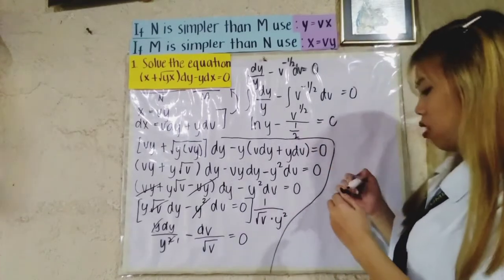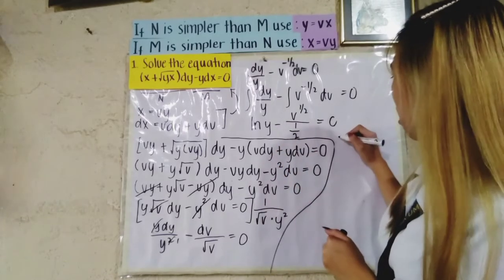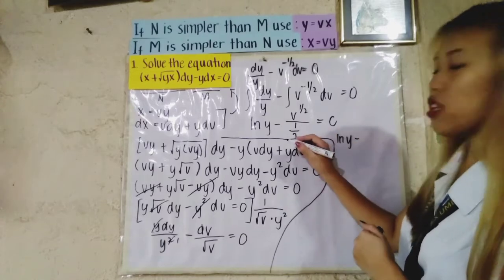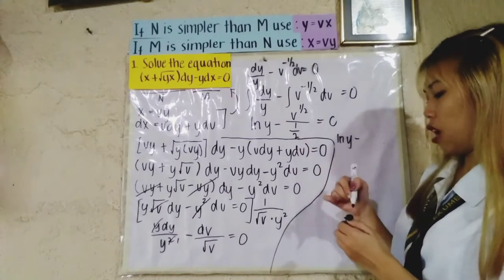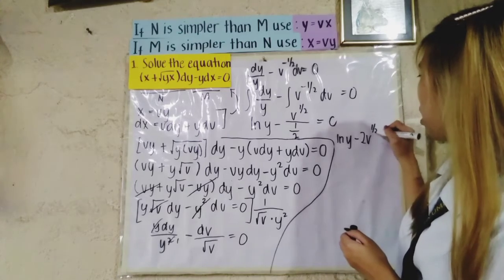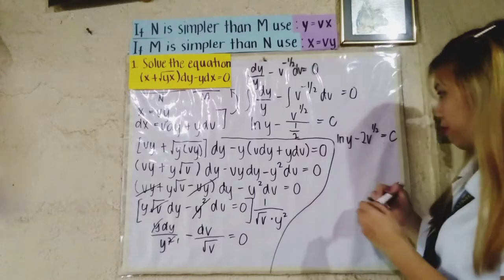We have 2 here. So, next natin gagawin is, reciprocal na natin to. Simplify natin. We have ln of y minus, pag nireciprocal natin tong 1/2 na denominator, magiging 2v na lang siya. 2v raised to 1/2 equal to c.